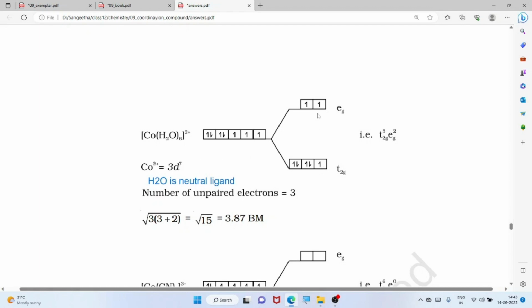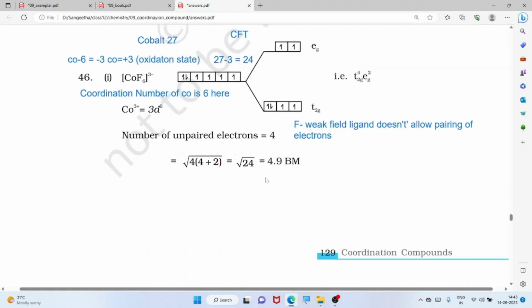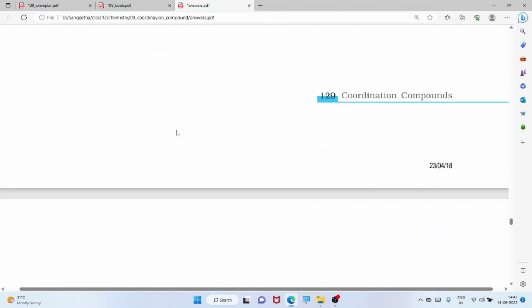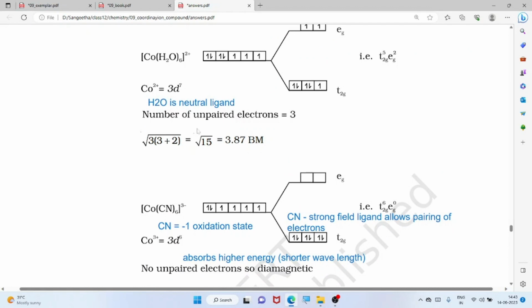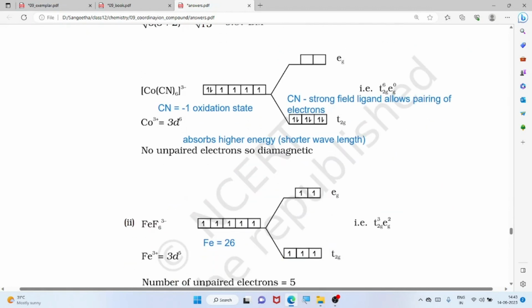See here one unpaired, these two, totally 3 unpaired electrons. So here 1, 2, 3, 4 unpaired electrons. So the magnetic moment. Now this is a strong field ligand, see cyanide.